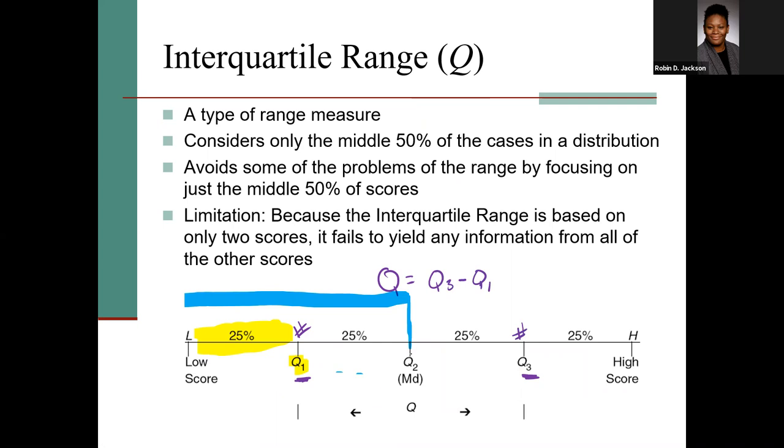Let's say this number was a 10. Well, we know that 50% of the scores are going to be below 10. That's what that is telling us. I hope that makes sense.